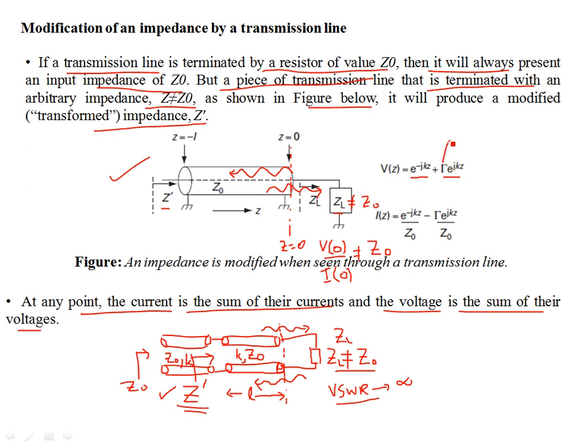This gamma is a reflection coefficient, which is VR over VF, the ratio of the reflected to the forward traveling wave amplitude.